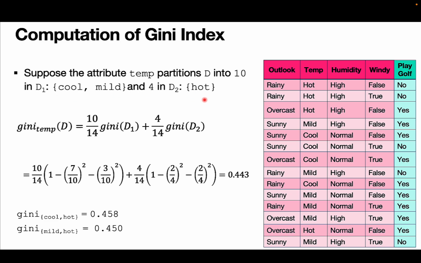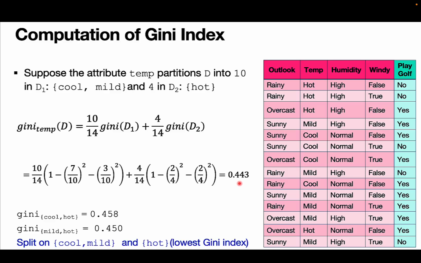And because the splits need to be binary, we take cool and mild together. There are 10 examples, and hot, there are 4 examples. Then we plug in the values to the formula, and we get 0.443.